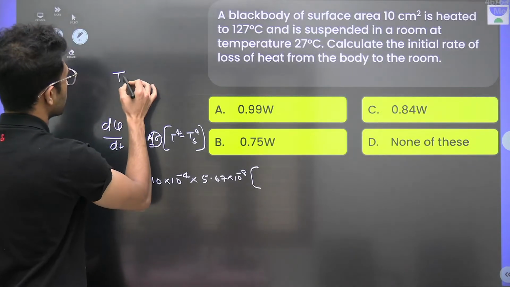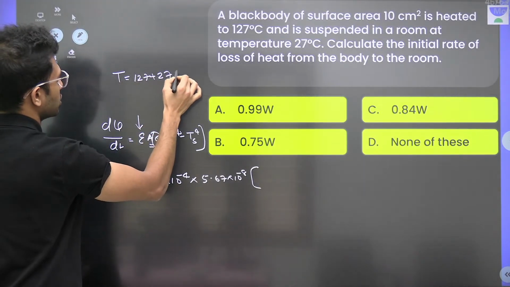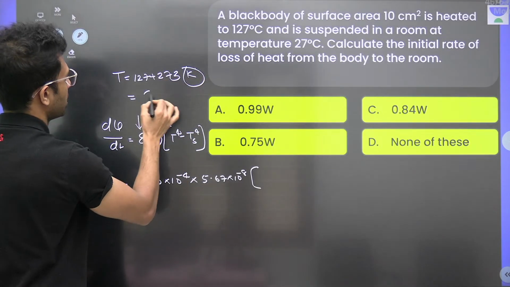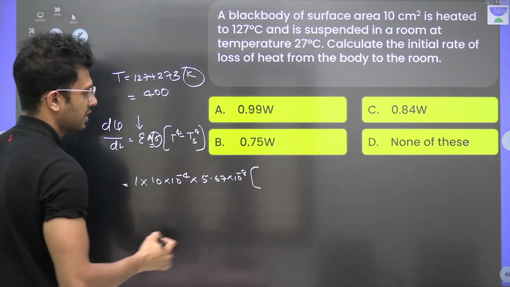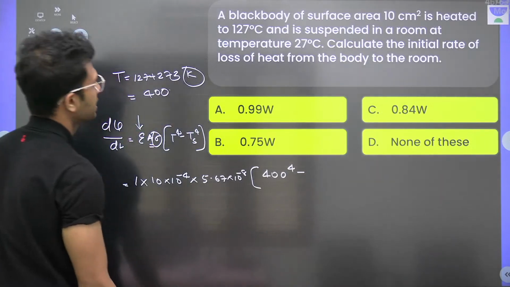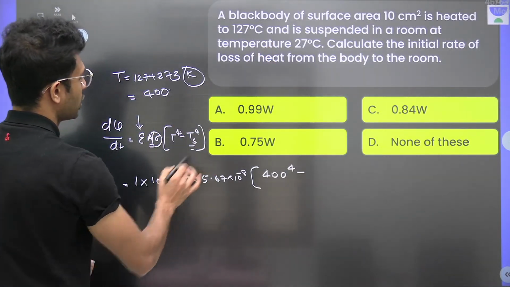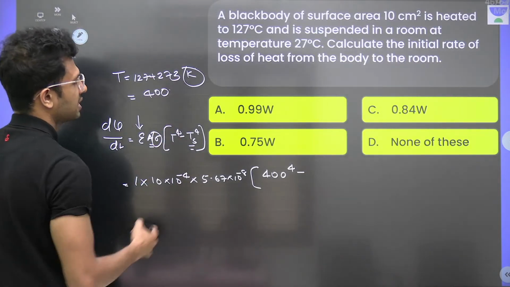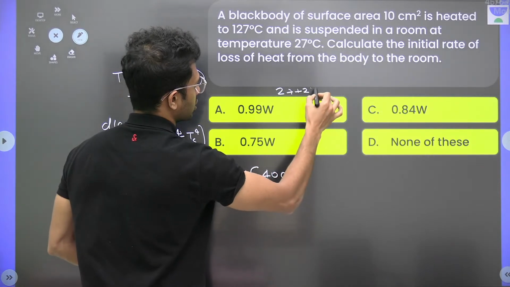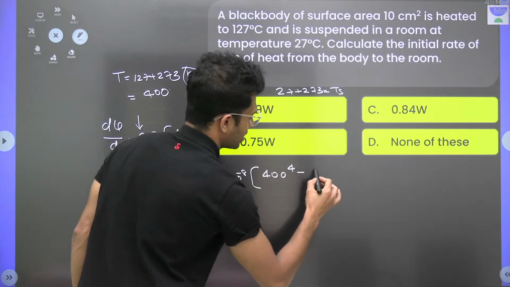Not at all, because the temperature of the body is 127 plus 273 and has to be written in the Kelvin scale. How much? 400. So this is 400, the whole raised to 4, minus the temperature of the surrounding, 27 degrees Celsius. You have to write it in the Kelvin scale. Adding 27 plus 273, the temperature of the surrounding will be 300.